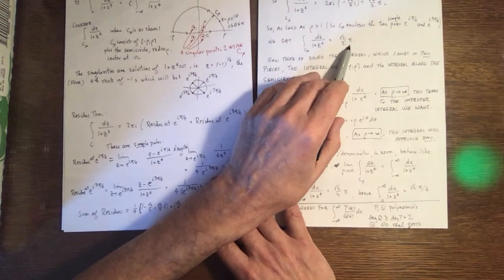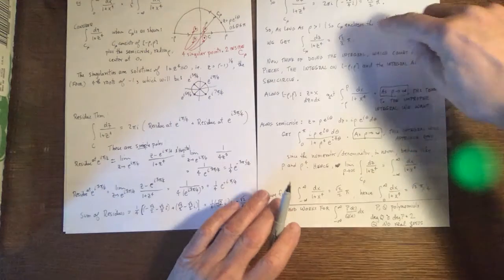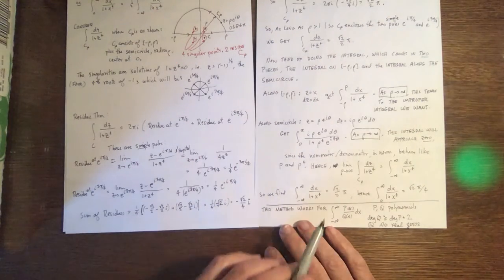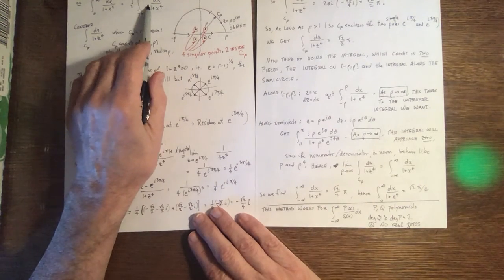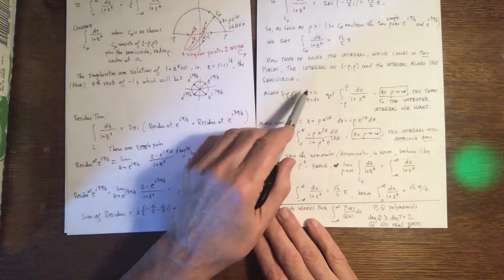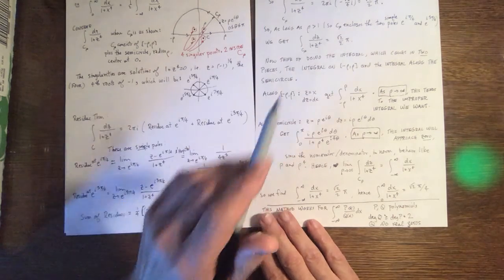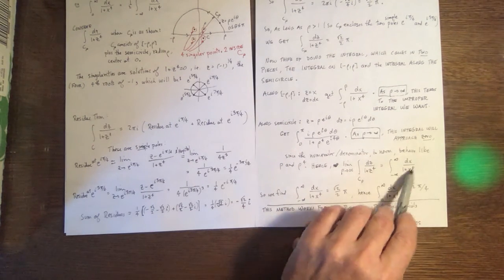It's always this number. But if we let rho go to infinity, the integral stays this, but it's in 2 pieces. The one piece tends to this improper integral from here. The other piece tends to 0. So these two together tend to just this improper integral.